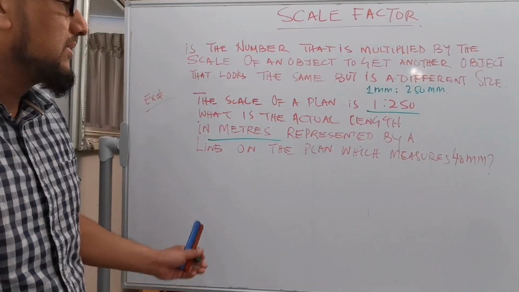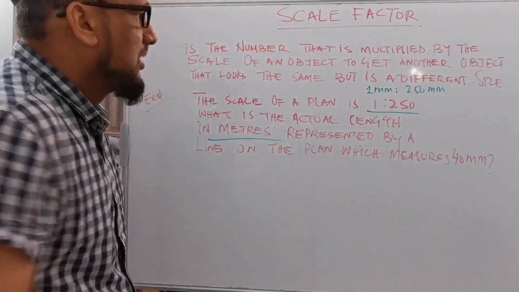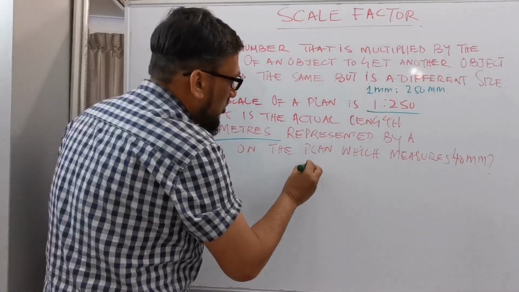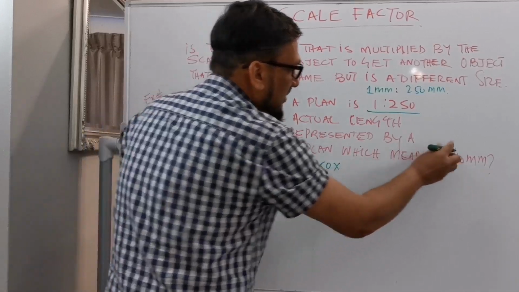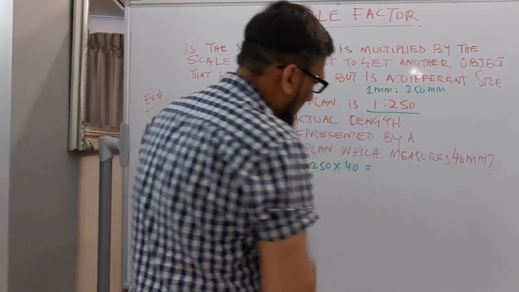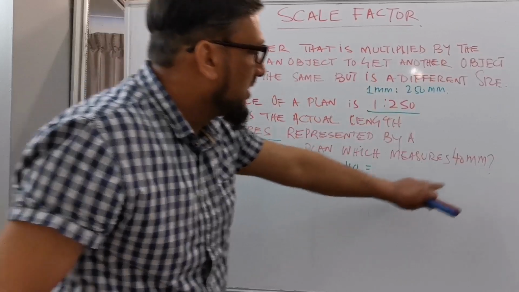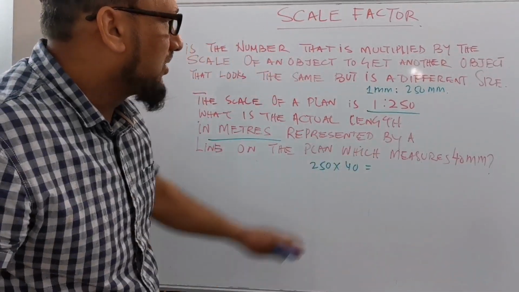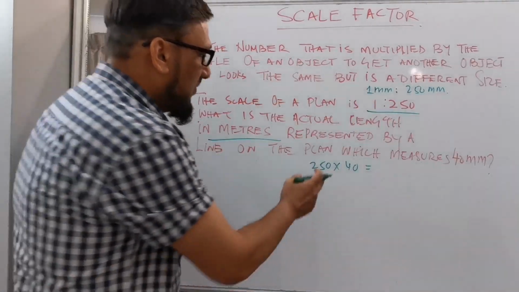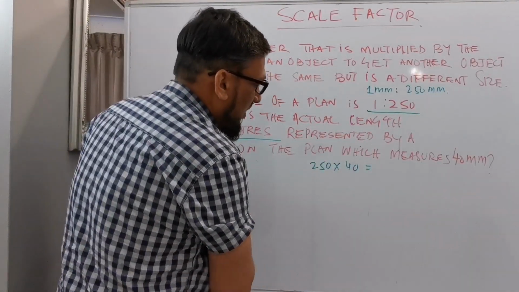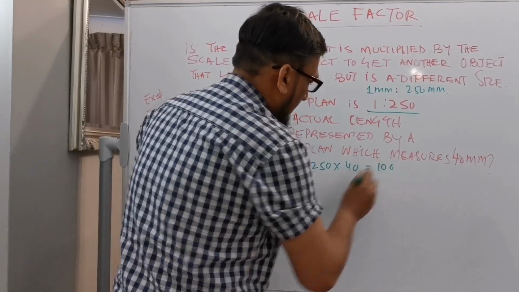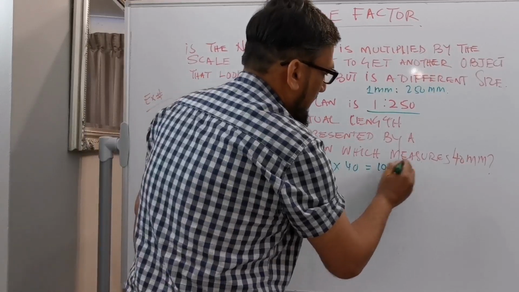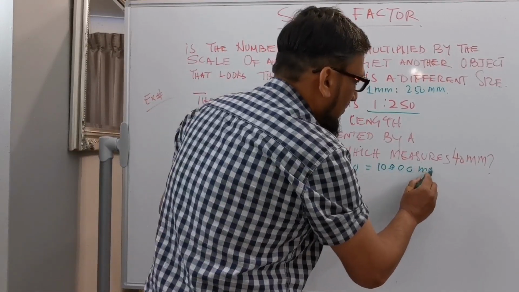So first you need to calculate 250 times 40 millimeter, because 1 equals 250. So 25 times 4 is 100, and how many zeros? 1, 2. So this is the answer in millimeter.